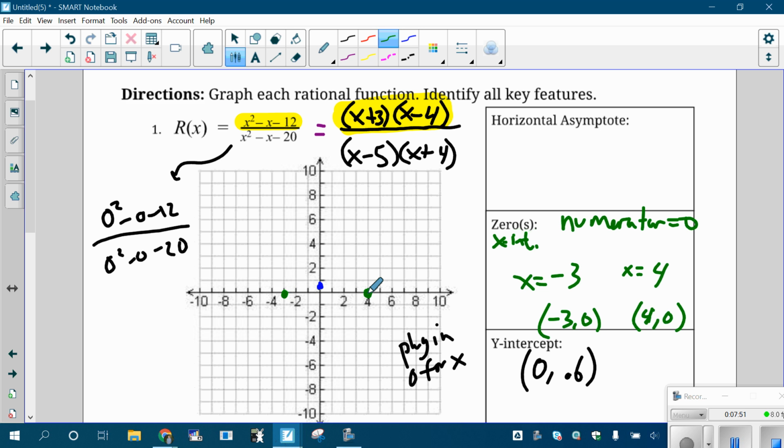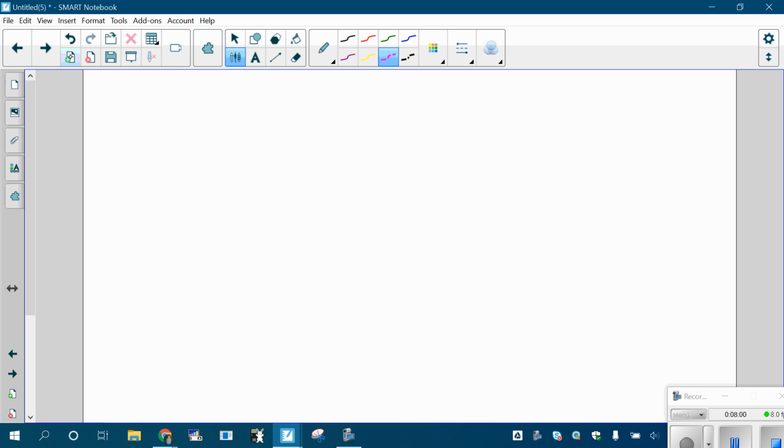Cool. Lastly, the horizontal asymptote. This is the most confusing one. You should probably jot this down somewhere. There's really 3 possibilities in terms of what the horizontal asymptote is or how you figure it out. Okay.